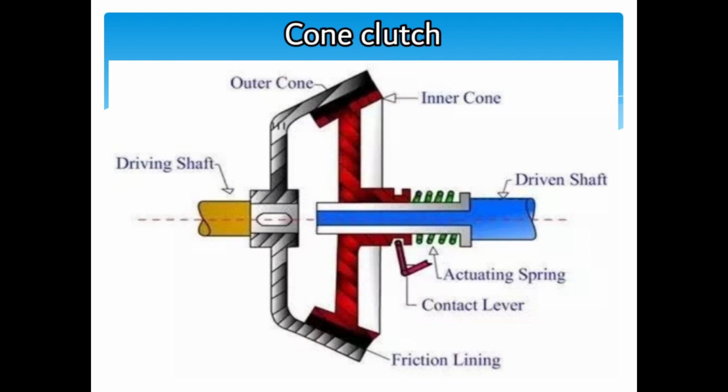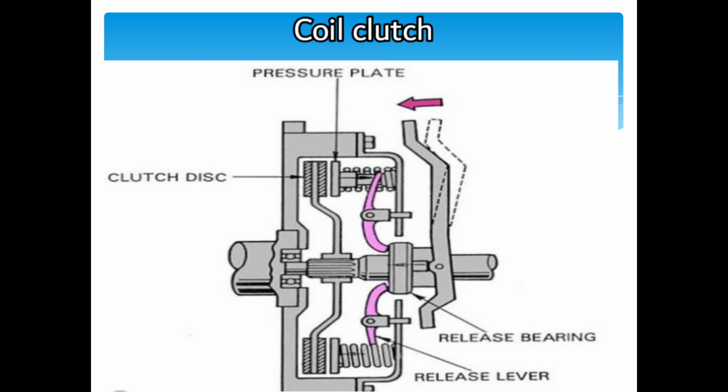And I think this is the diagram displaying it. I think this is the best diagram displaying a cone clutch. We can now move to another type. I think this is the last type.